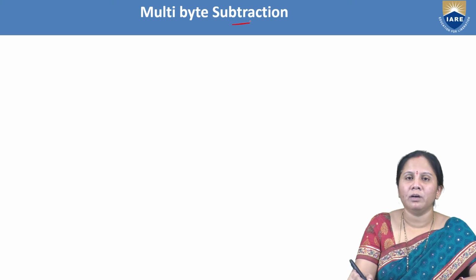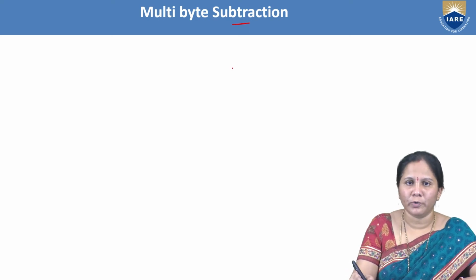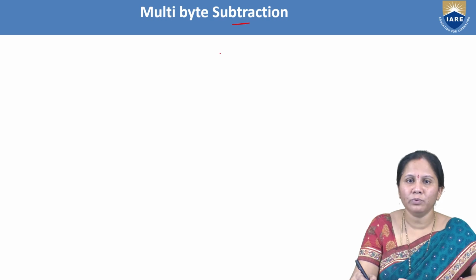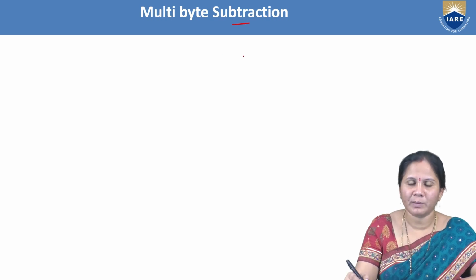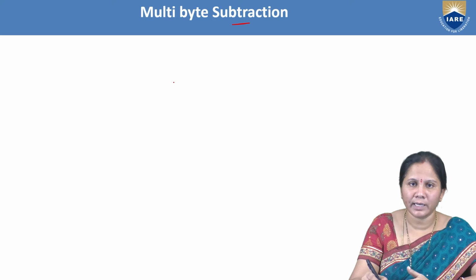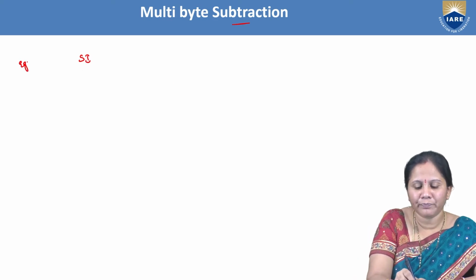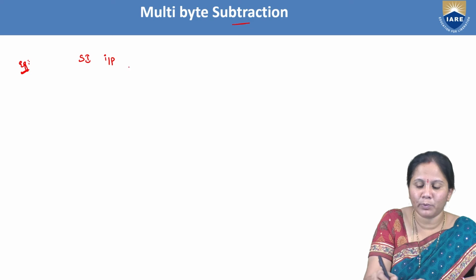Similarly, for multi-byte subtraction also, in order to perform the subtraction operation, we have to consider the same thing: some set of inputs in the SI. SI should be initialized with some location, same as the previous program.